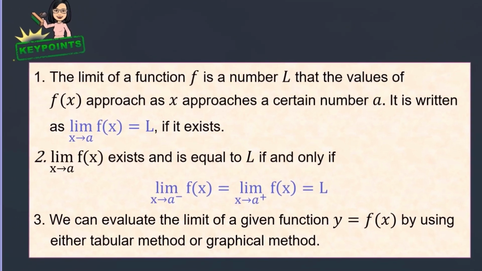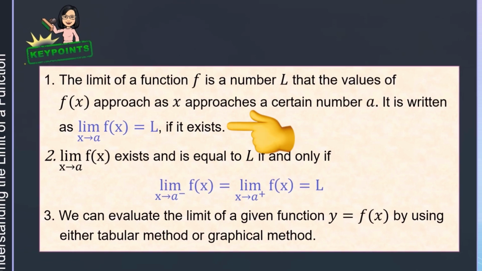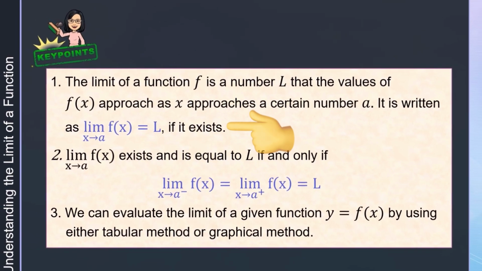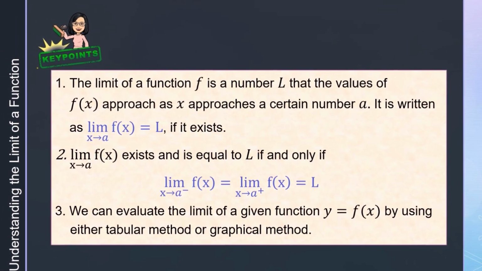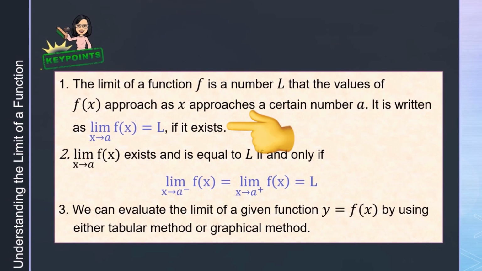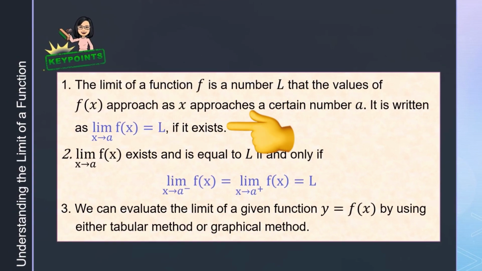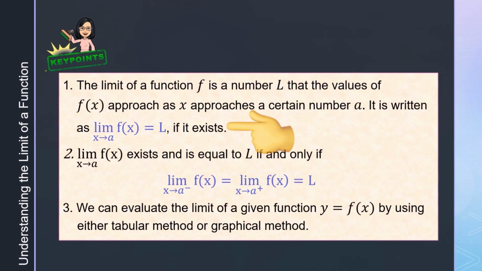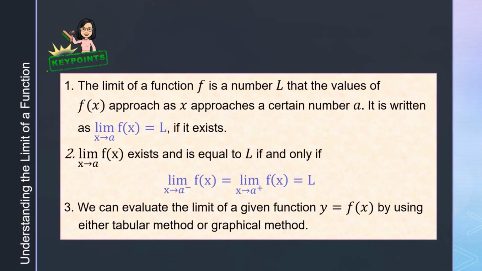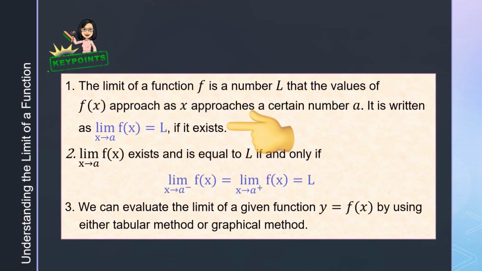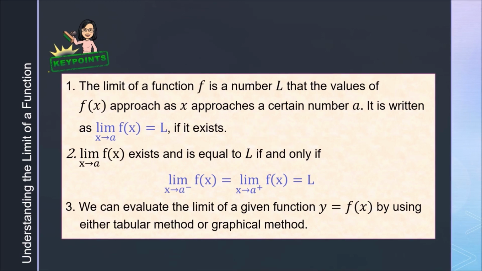First, the limit of a function f is a number L that the values of f of x approach as x approaches a certain number a. It is written as the limit of f of x as x approaches a equals L, if it exists.